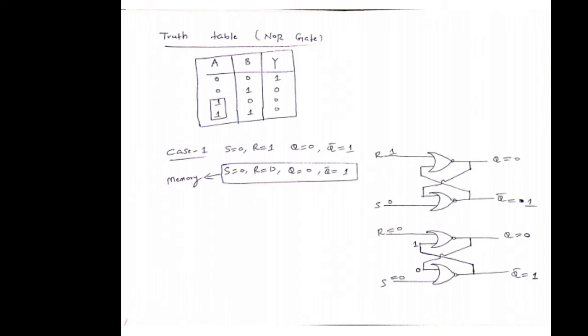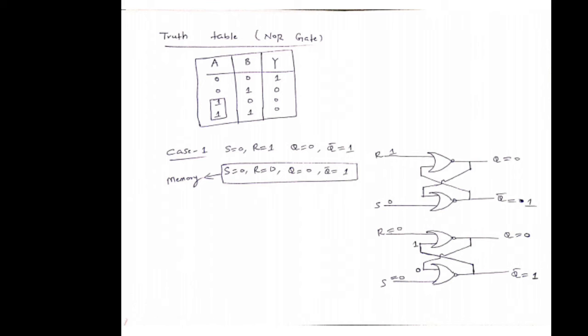For 0 0 only we are getting the output high, for the remaining three combinations the output is low. From this I can make one statement, that is, if any one input of the NOR gate is 1 or high, the output is low or 0. By using this statement, I can fill all these output values easily.